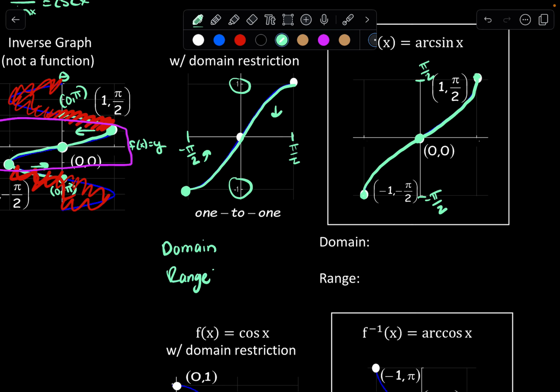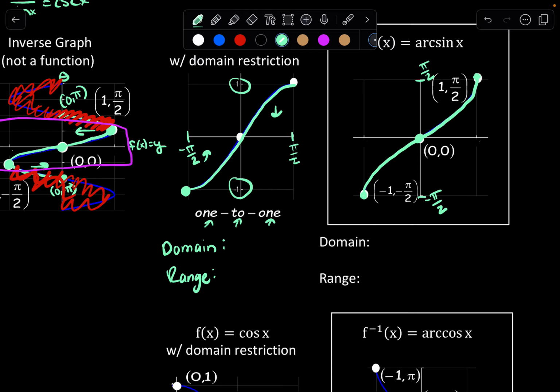Now before I go to the domain and range, I need to show that now that this function is 1-to-1, we can use it to evaluate. So we can use it to evaluate multiple types of coordinates and get an output for the angle as long as it fits within the domain restriction.